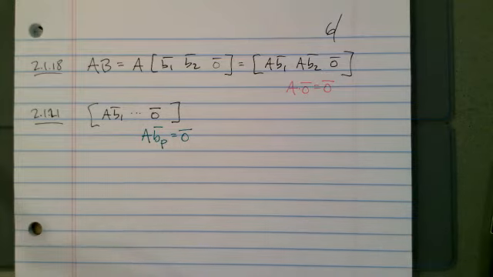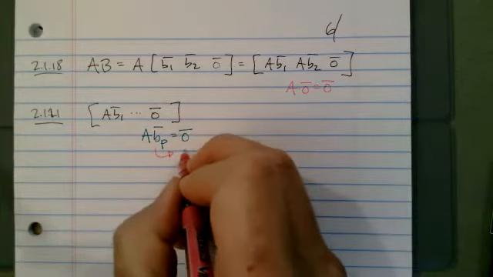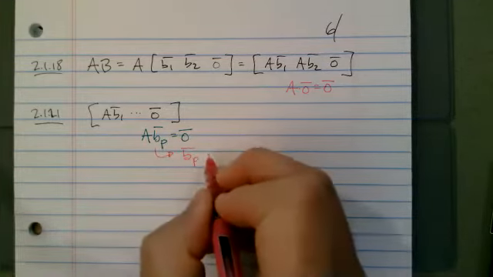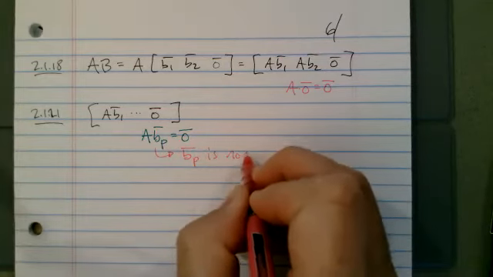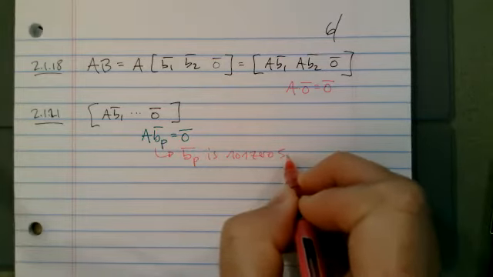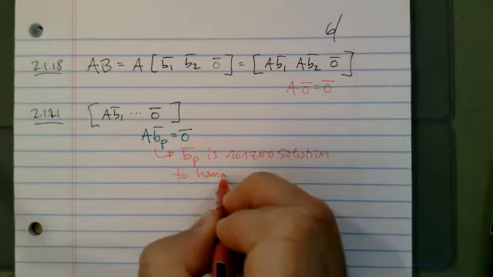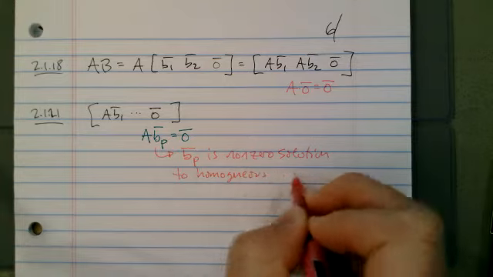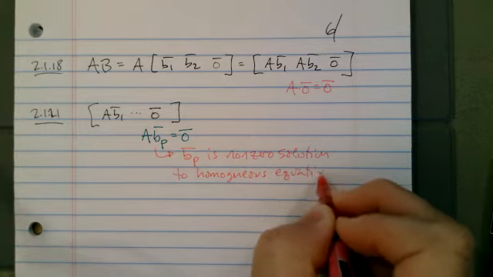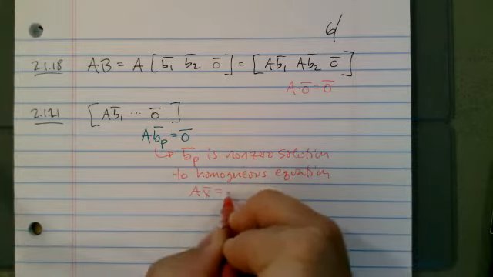So what we are being told here is that Bp, the pth column of B, is a non-zero solution to the homogeneous equation AX equals 0.